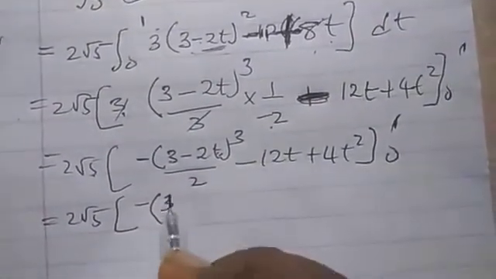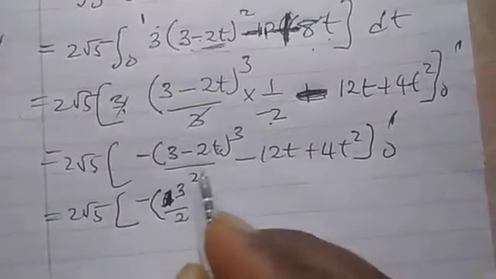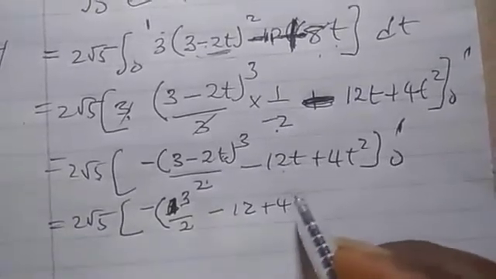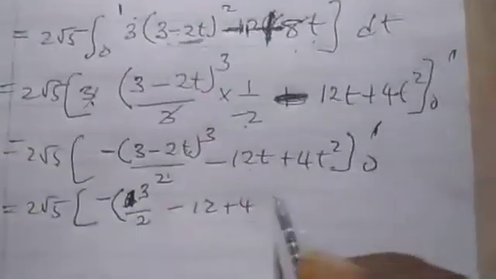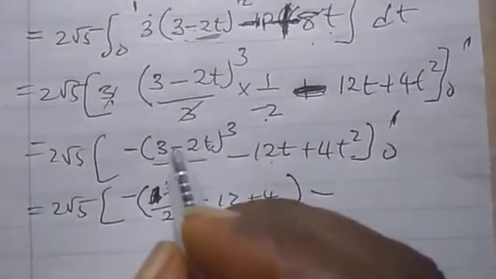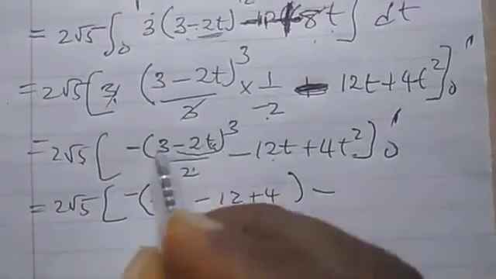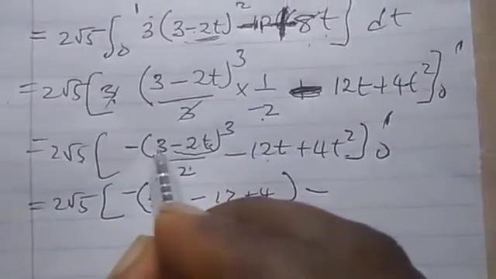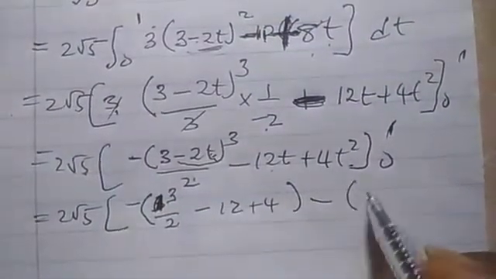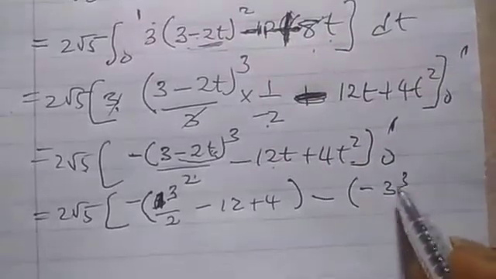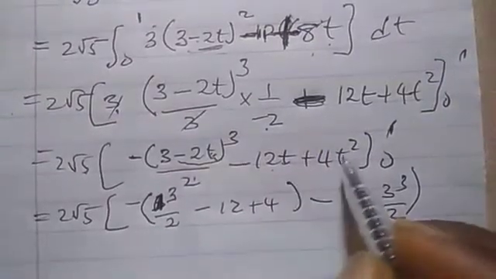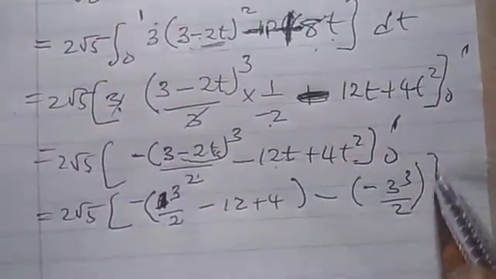So 3 minus 2, that will be 1 cube over this 2 minus this 12 plus 4. If you put t to be 1, 4 times 1 is 4. Then we always say minus when t is 0. If t is 0, the whole of this will be 0, but there's still another 3 here. So this will be minus into minus 3 cube over 2. The whole of this will be 0. If you put t to be 0, it will nullify the whole of this.